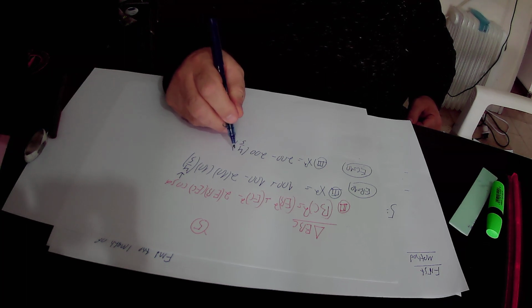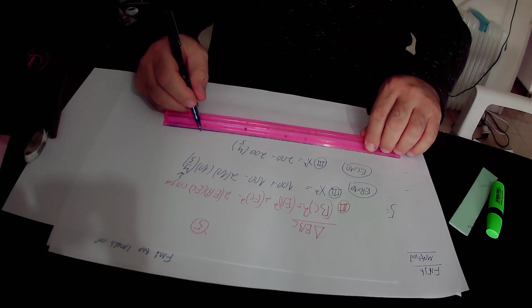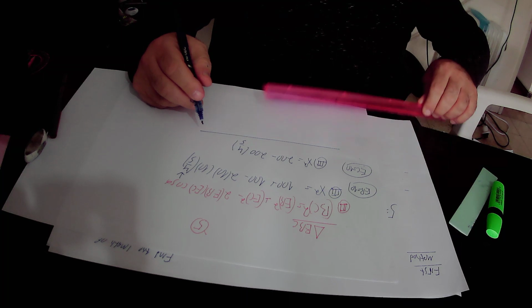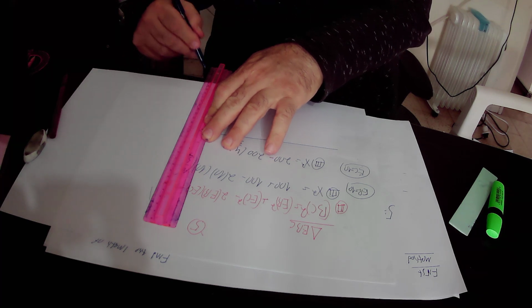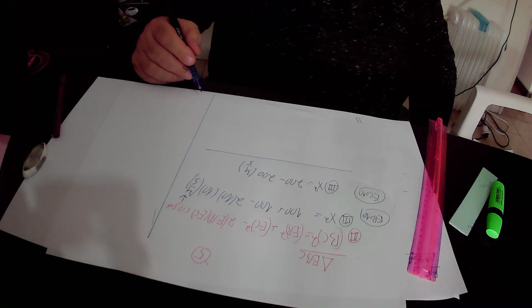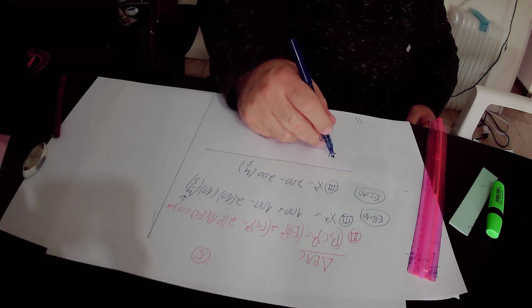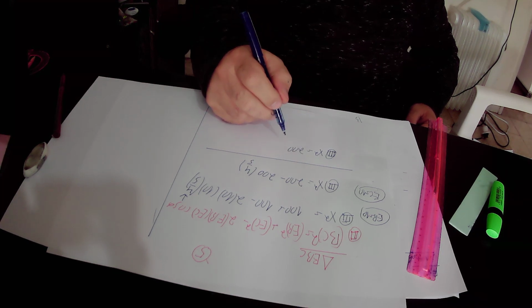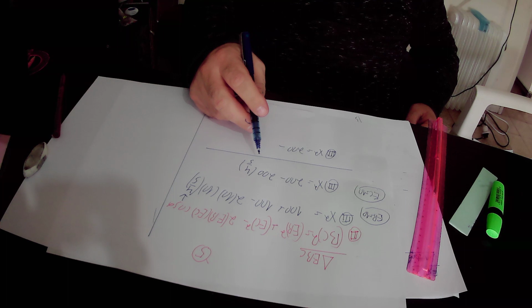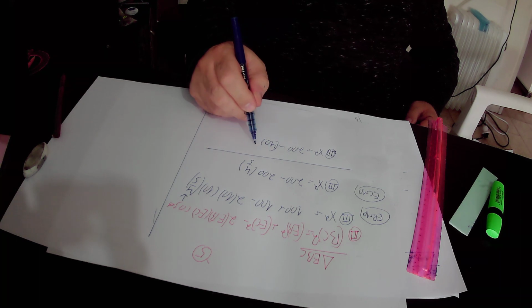So x squared equals 200 minus 200 over 5 times 4. 200 over 5 is 40. So we have here minus 40 times 4.